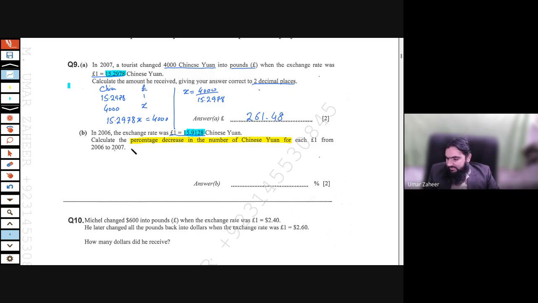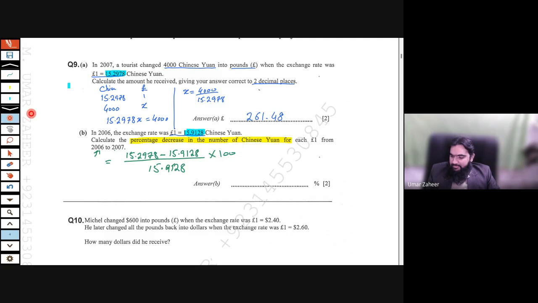The 2007 value is 15.2978 minus the 2006 value, 15.9128, divided by the initial value, which is the 2006 value, 15.9128. Yes, that will be multiplied by 100.